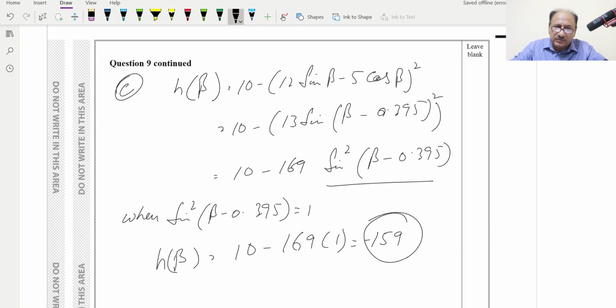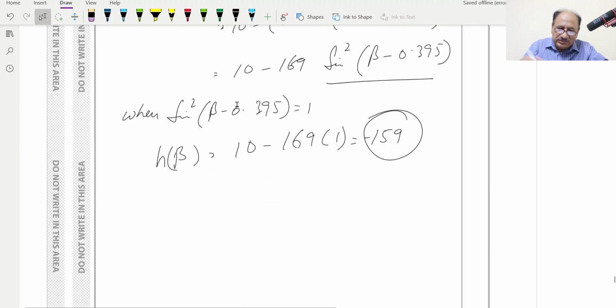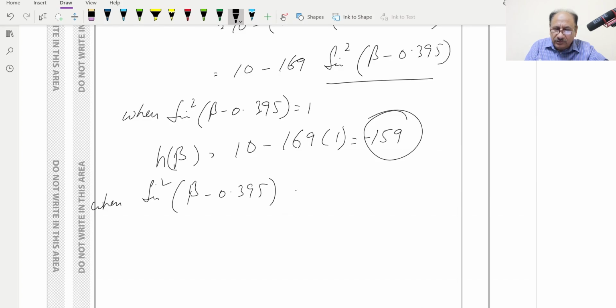This will be the answer. Then when sine square of beta minus 0.395 is equal to 0, this will be 10 minus 0, which is equal to 10.